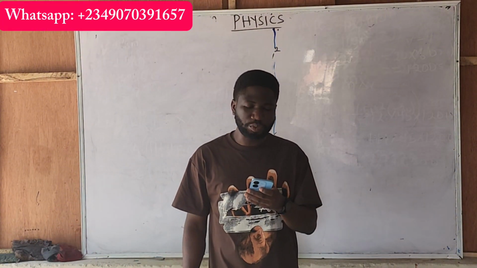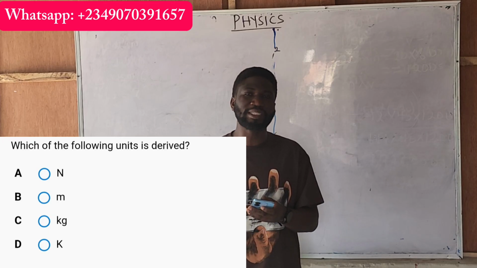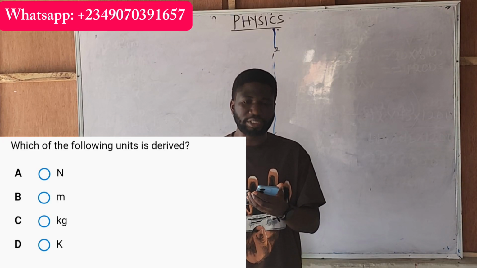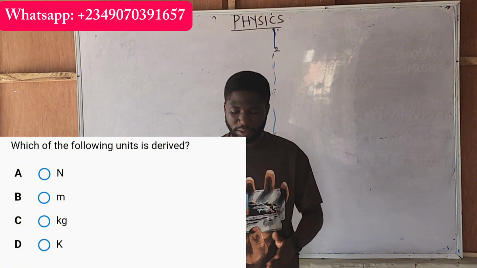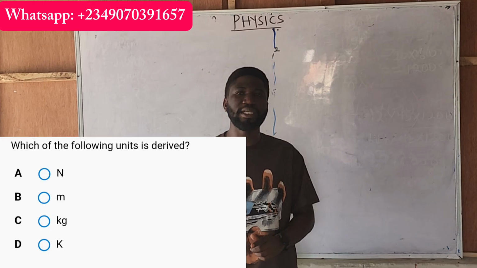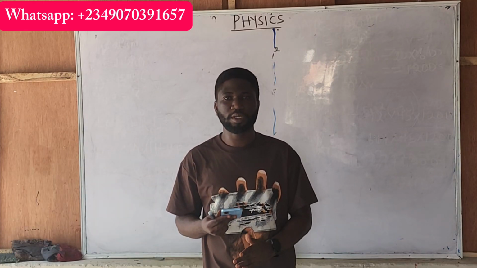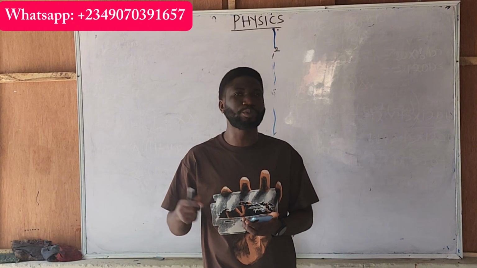The next question says, which of the following units is derived? So we want to get the one that is a derived unit. We have Newton, meter, kilogram, and Kelvin. The right answer there is Newton. Newton is the unit for force, and force is known to be a derived quantity.